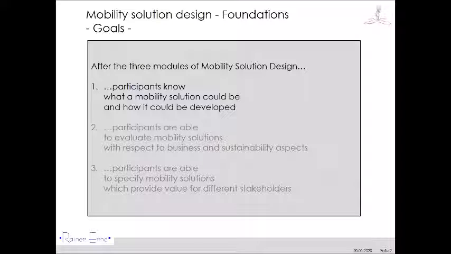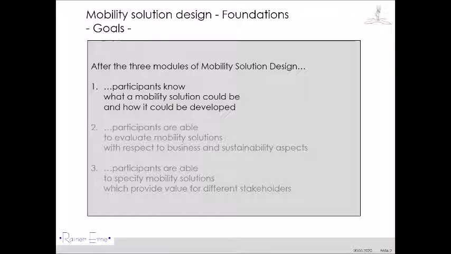In the second semester, the mobility solution design course will then deal with methods for evaluating mobility solutions with respect to business aspects, but also more important with respect to sustainability aspects.